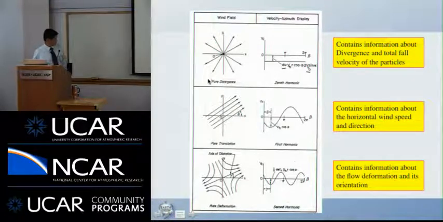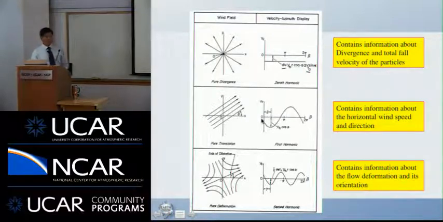Schematically, this is a diagram copied from the Browning and Wexler 1968 paper. For the zeroth harmonic, which means a line deviating up and down from the y-axis, that represents the divergence and the fall speed component of a particle.